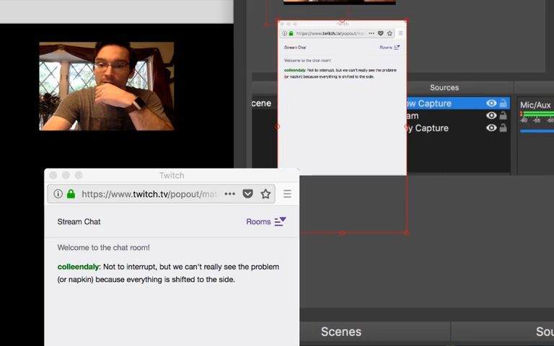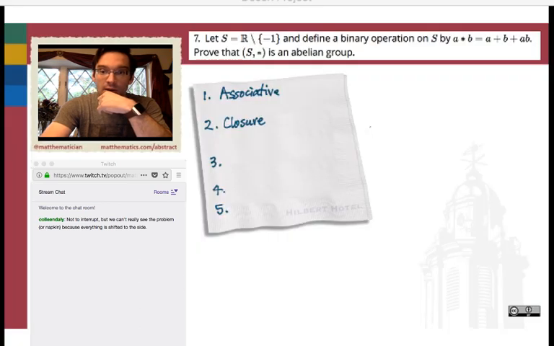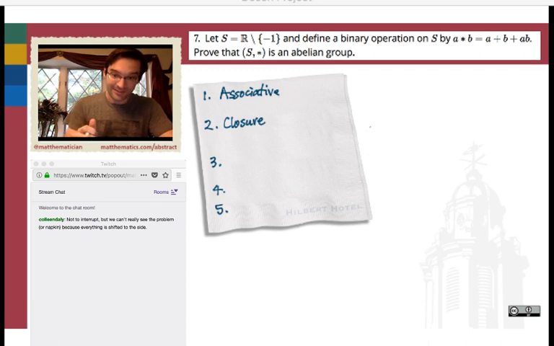I think I see what's happening. Let's do that and try again. If you're watching on the stream, is this looking better than it was before? If it's not, please let me know. I'm going to keep talking on the off chance that it is working, and we can just keep going.